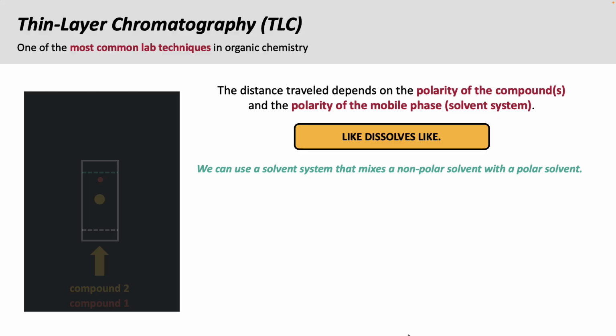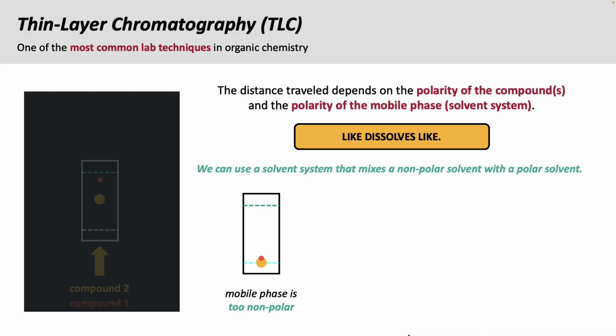So that's a really important point to consider. Relatively speaking, our mobile phase is nonpolar. But within that nonpolar mixture, we can modulate the extent of its polarity or nonpolarity by mixing a nonpolar solvent with a polar solvent.